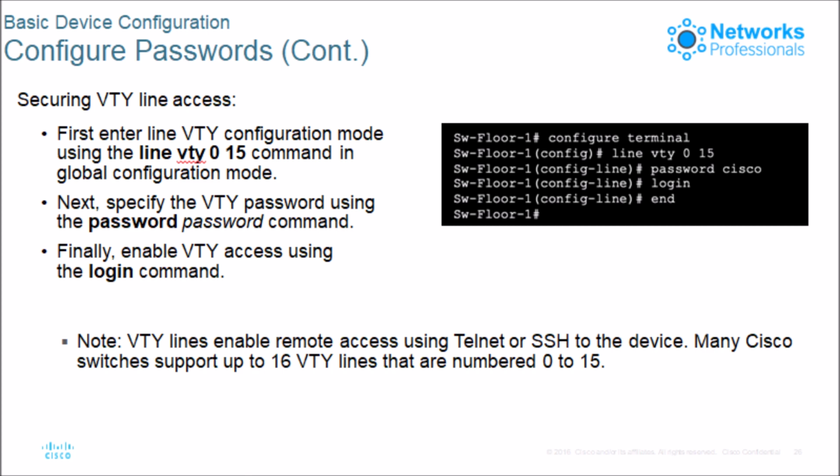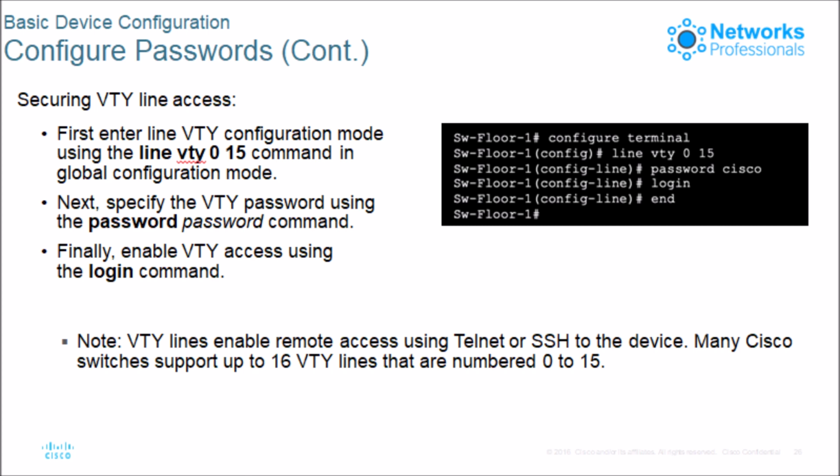Next, specify the VTY password by using the password command. Finally, enable VTY access by using the login command. The given example shows securing the VTY lines on a switch.